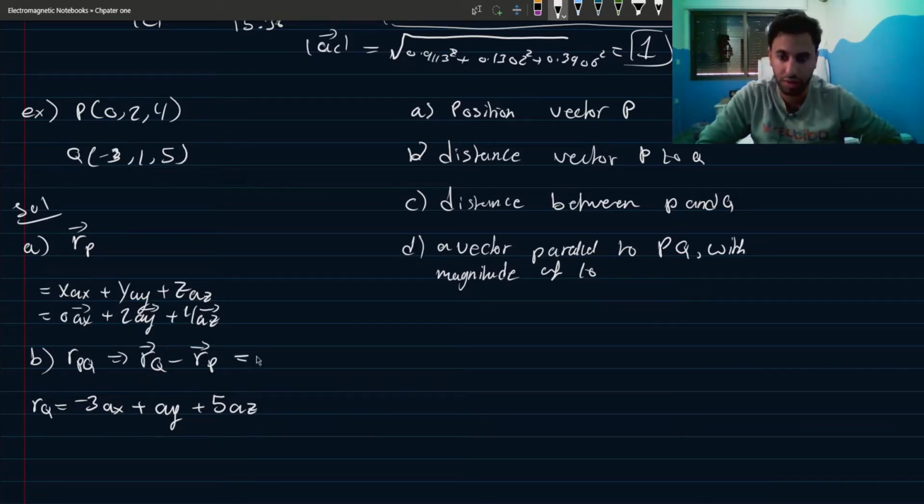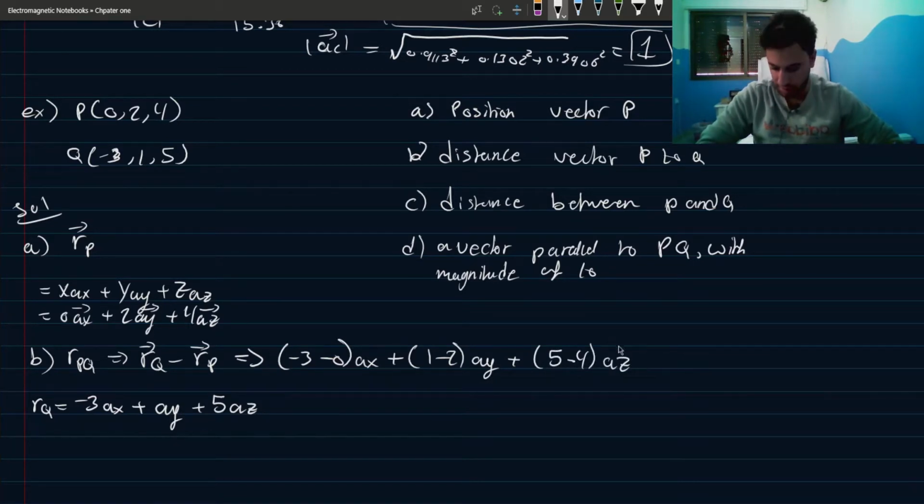So this will be equal to R_Q minus R_P. So minus 3 minus 0 AX plus 1 minus 2 AY plus 5 minus 4 AZ.